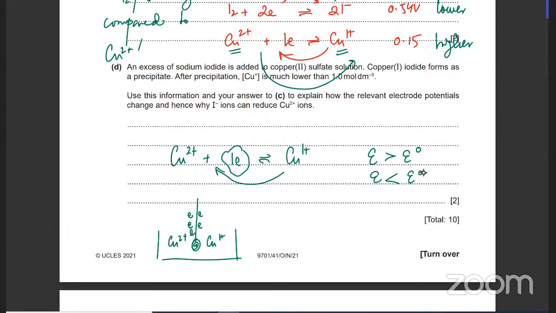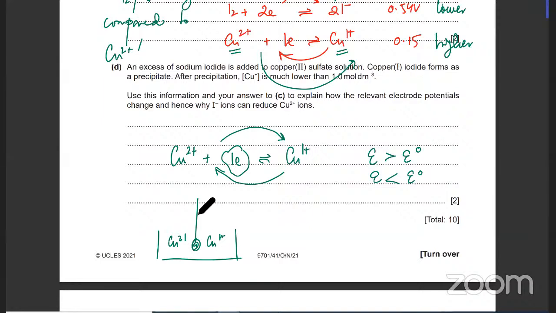Or vice versa, if the equilibrium shifts to the right side, your electrons are going to get consumed. The copper 2 plus ions are going to consume a lot of electrons. So your electrode would have very few electrons now because all the electrons would be getting consumed by copper 2 plus, and it will become more positive.